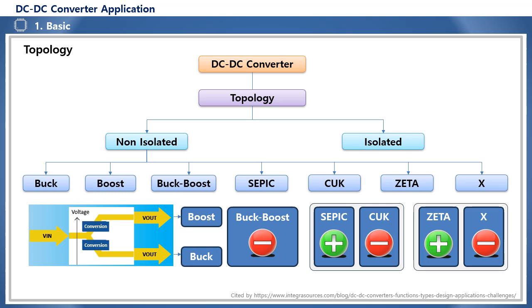Zeta and X can also be configured as a pair to obtain a dual power supply with the same output value. These SEPIC and Cuk and Zeta and X require one additional inductor and capacitor each in the basic buck or boost circuit. SEPIC, Cuk, Zeta and X will be covered in detail in the DC-DC converter topologies section.